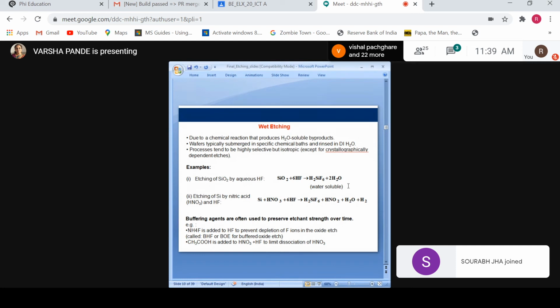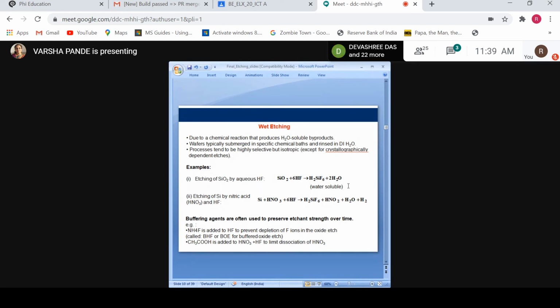Then another is etching of silicon by nitric acid. If we are using nitric acid, then also it can be done, means a hydrofluoric acid and nitric acid solution, again some water should be added. So if we want to etch the silicon, not silicon dioxide, we require a nitric acid and hydrofluoric acid combination along with the water.